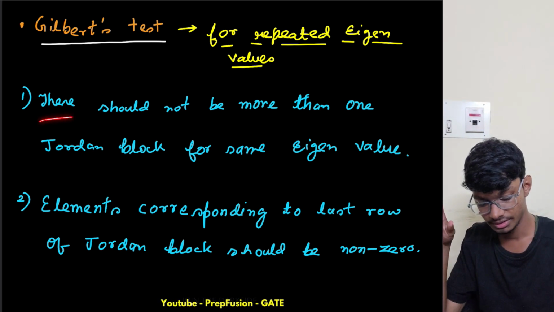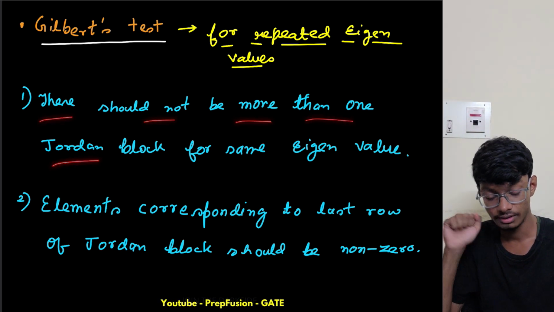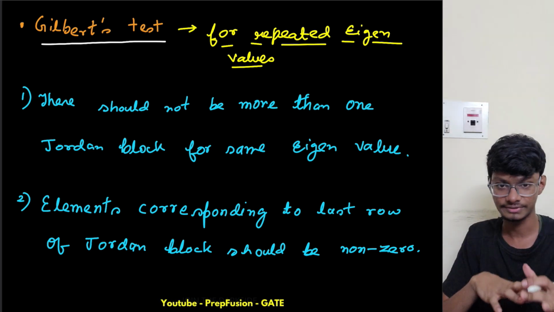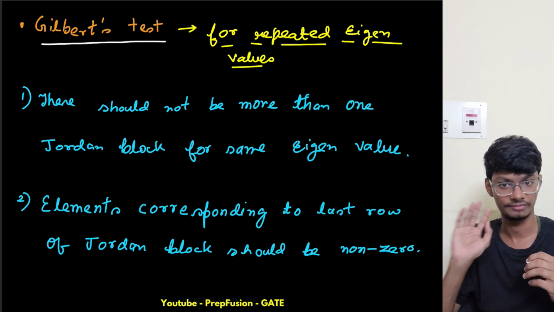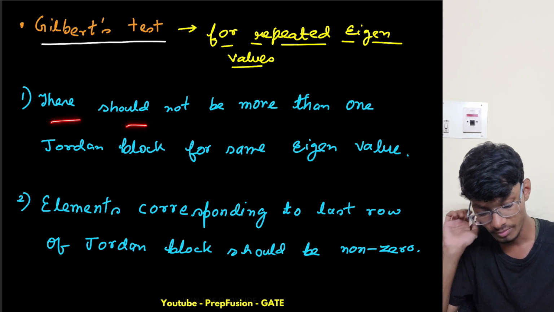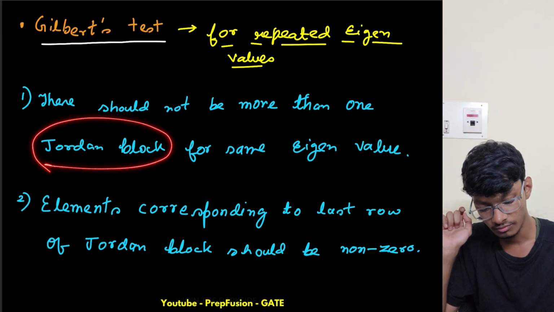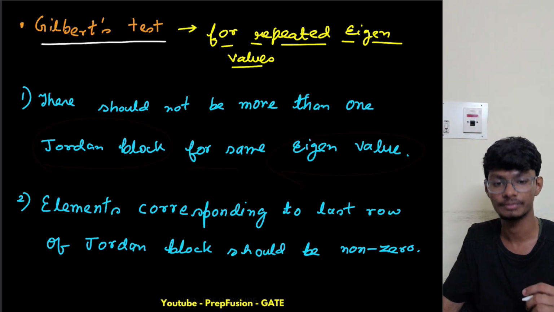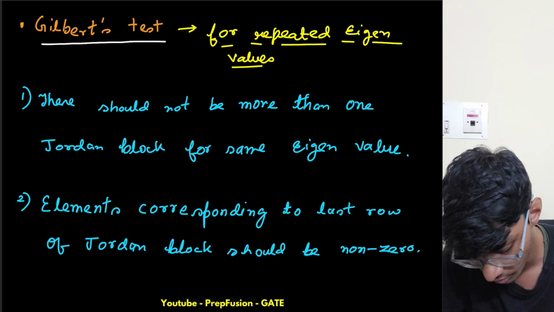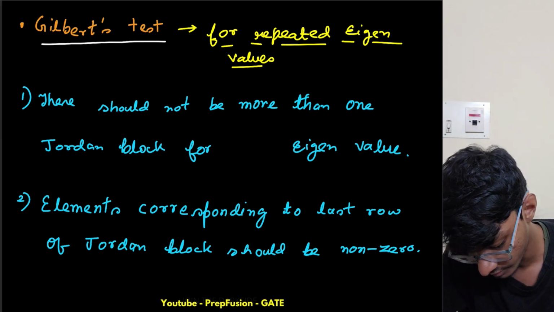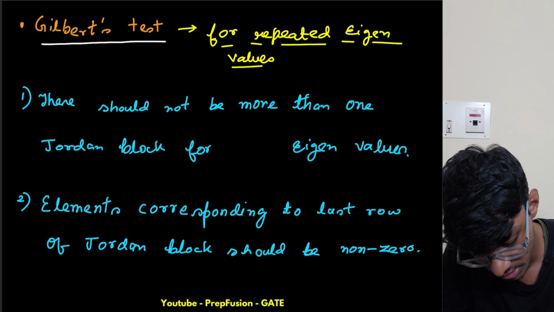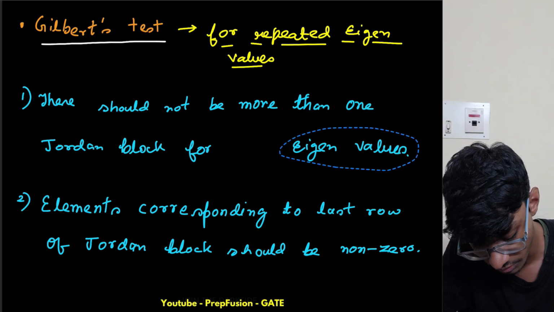This means there should not be more than one Jordan block for the same eigenvalue. Just read the statements, and I will explain each of them slowly.